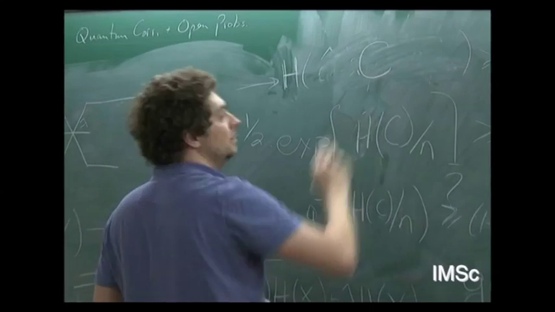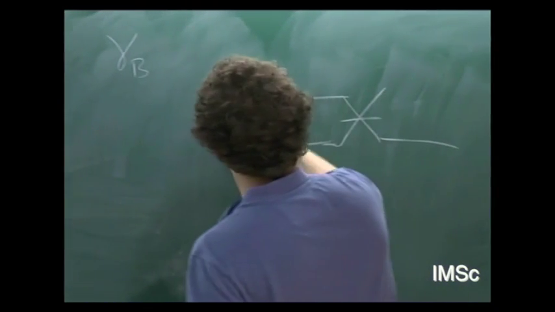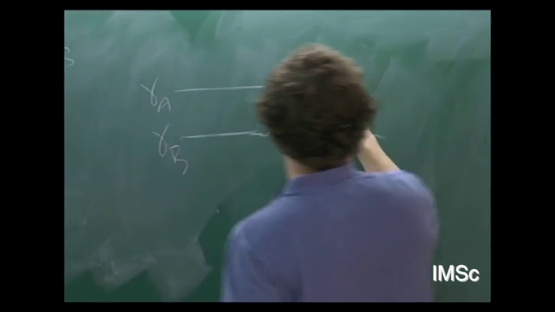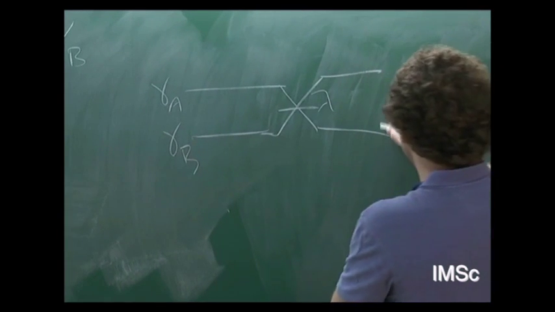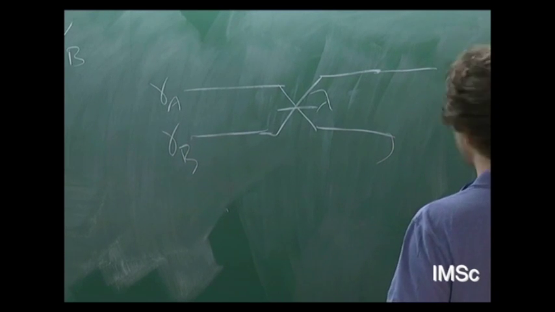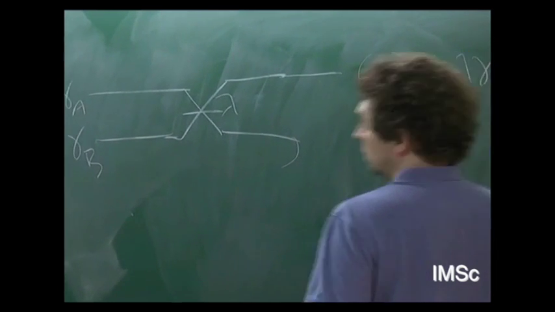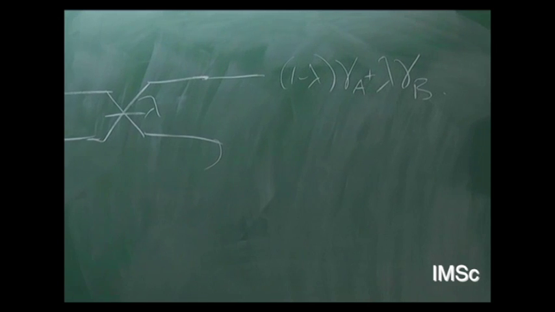This should be just C. So now this is a statement about the symplectic eigenvalues of A, B, and C, and specifically if I have some gamma A and some gamma B, and I mix them on a beam splitter like this, with transmissivity lambda, the single output of this beam splitter is going to have covariance matrix 1 minus lambda gamma A plus lambda gamma B. I'll call that gamma C.